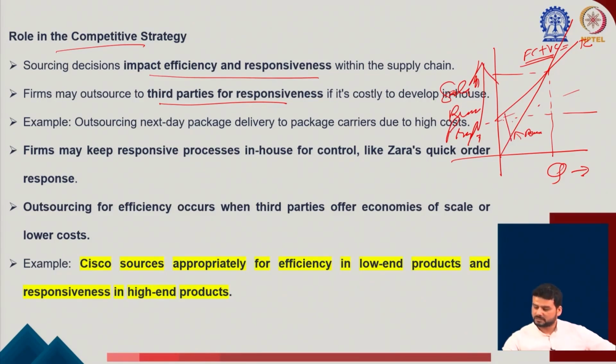Up to this point, if you produce in house, you will be under losses, right? After this point, if your quantity demanded is more than this Q, then you should produce in house. This is how you usually take the outsourcing decision.